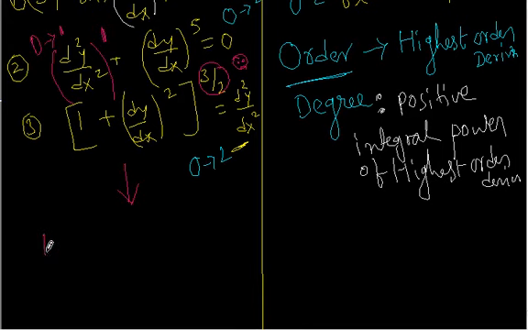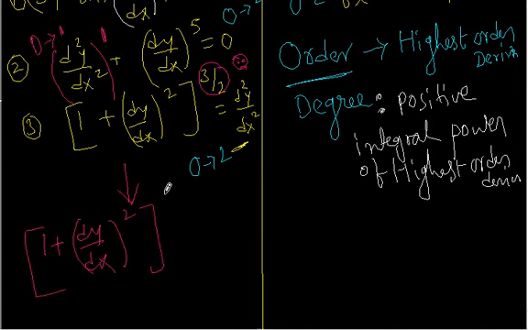So I got 1 plus dy over dx whole power 2 whole power 3 is equal to d square y over dx square. Now the order is 2 and the degree is 2.